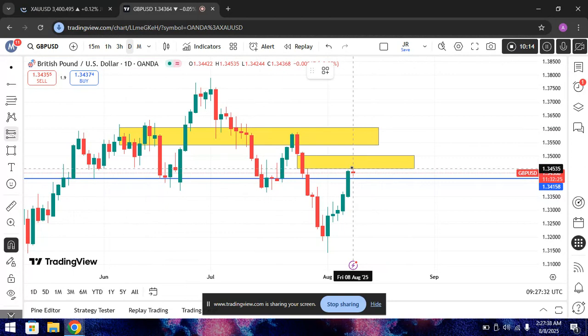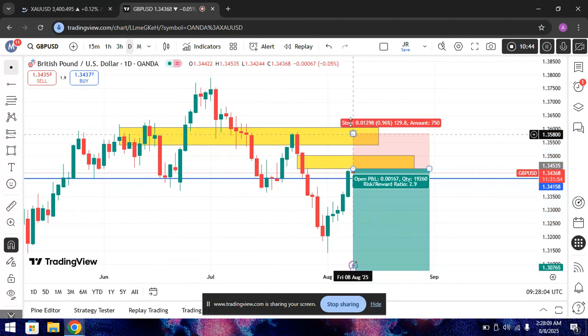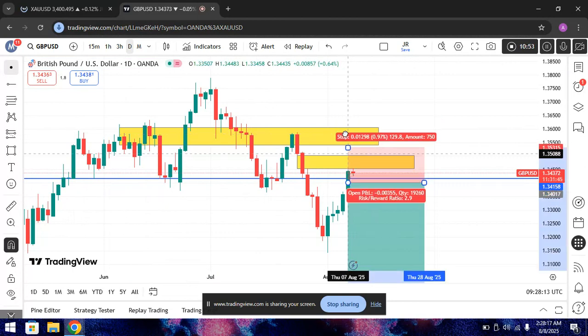I would take this, and my stop loss. Why am I covering this point? Because I'm seeing this point has been a point of resistance, right? Very good resistance there. Let me just drop this level.